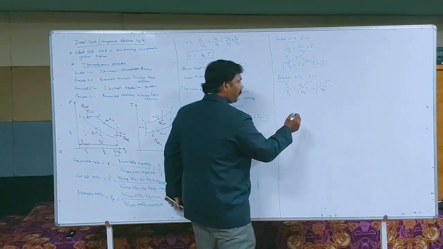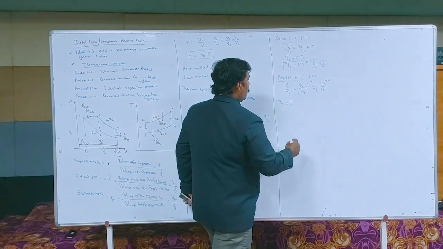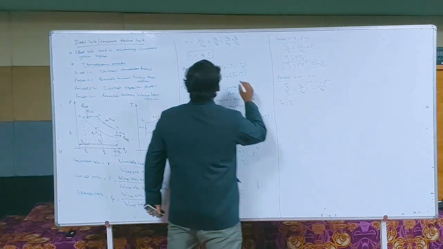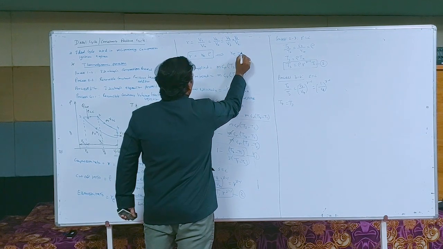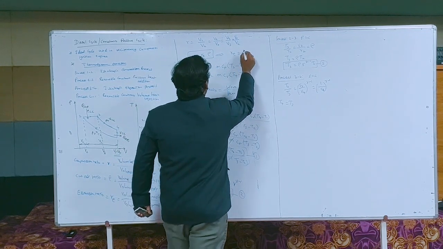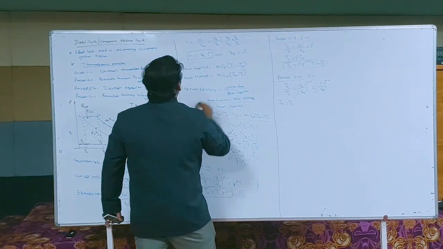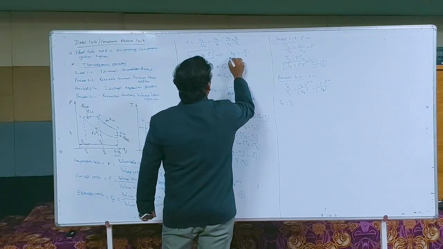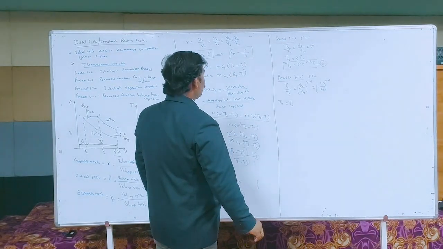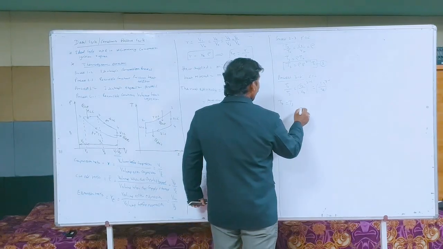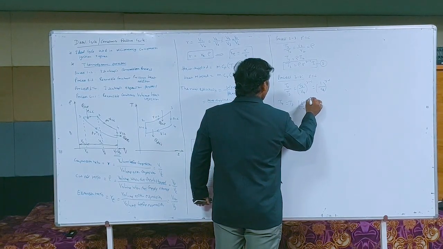But we know from this relation that Re is equal to R by rho. So that we have to substitute here. When I substitute here, I can write rho by R power gamma minus 1.